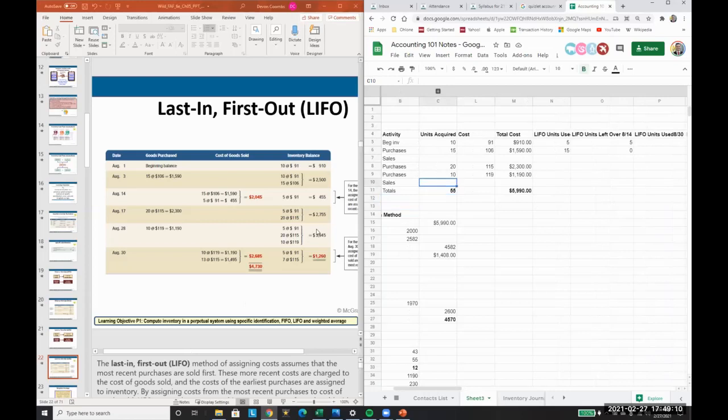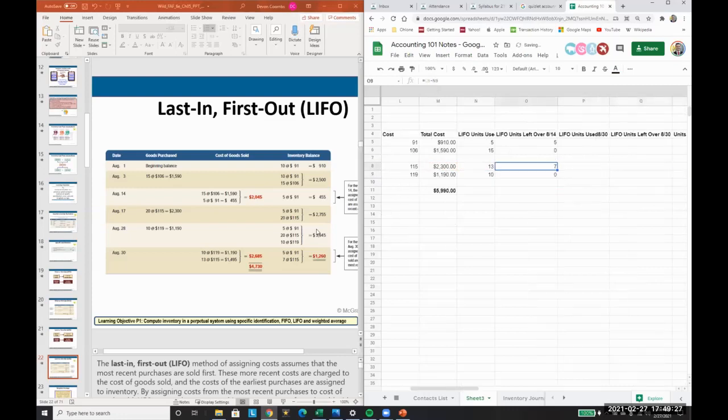The 23 is going to, again, be from the latest purchased, right? So we're going to take the full amount of the 10, and we have 13 left. So we're going to take 13 out of the 115. And what's left over is here.